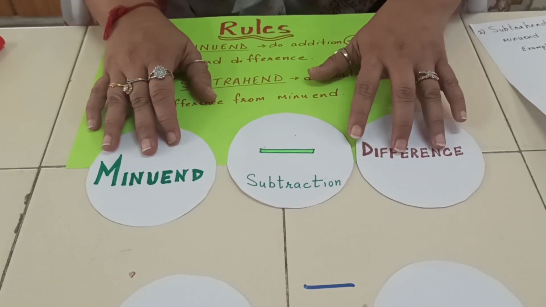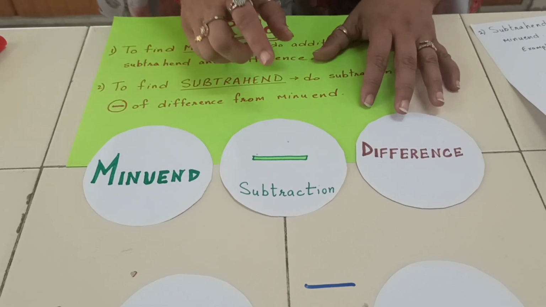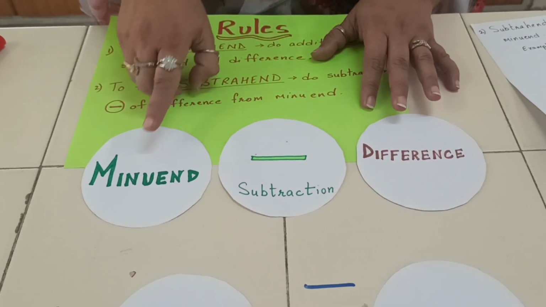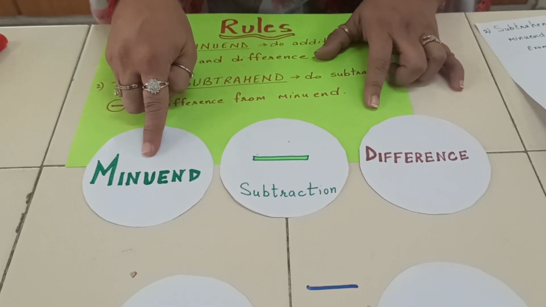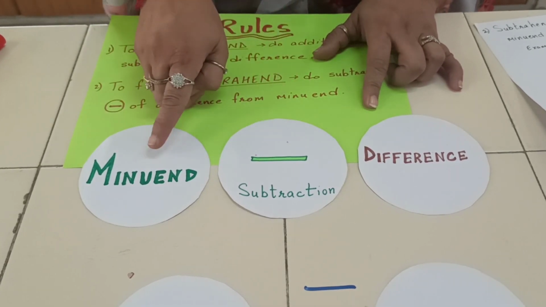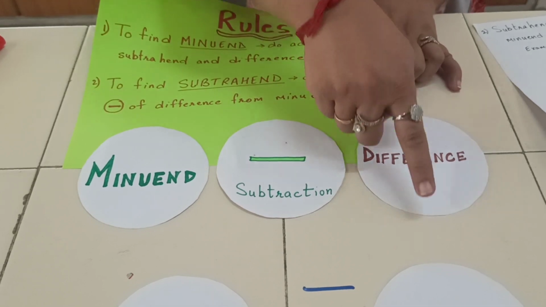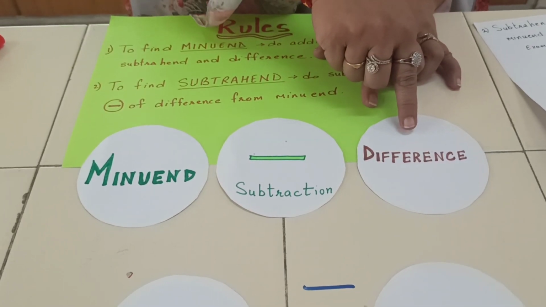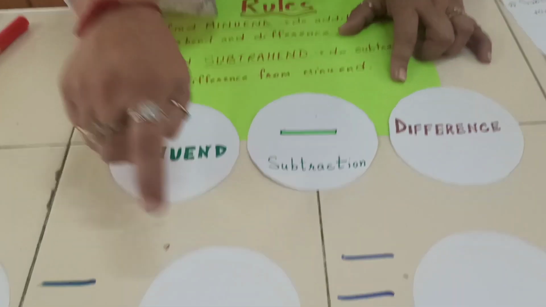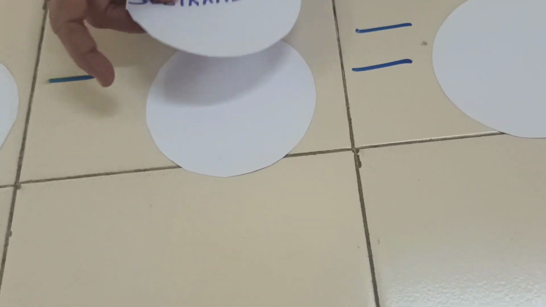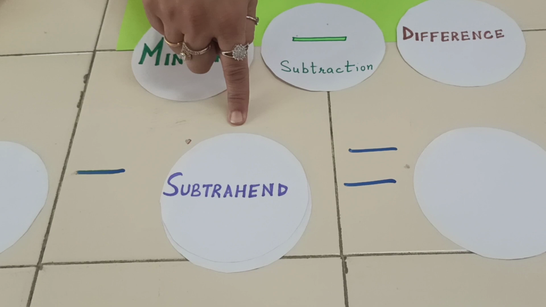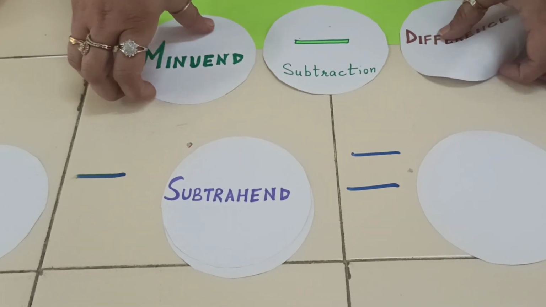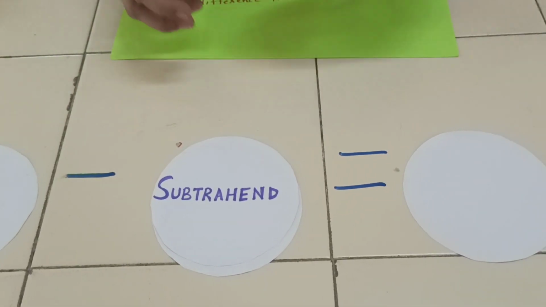That means this is how our number would be: minuend minus difference. Whatever number is there in the minuend, you write first, then subtract whatever answer is there in the difference, to find the subtrahend. When we do this, we'll get the subtrahend. Now we'll see the examples.